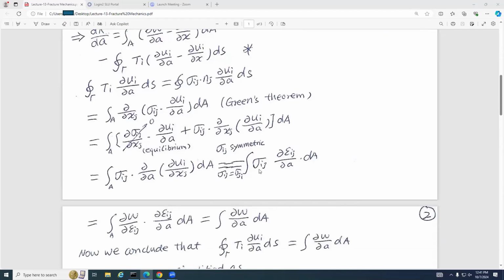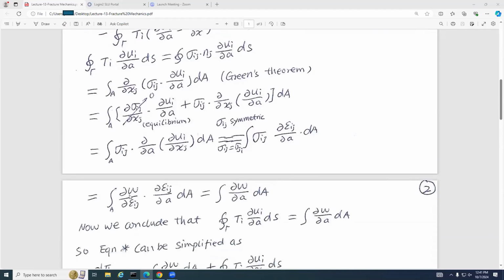And then we know sigma ij equals the derivative of the energy density omega with respect to epsilon ij, multiplied by this guy, and then this guy cancels this. So we have d omega dA dA.